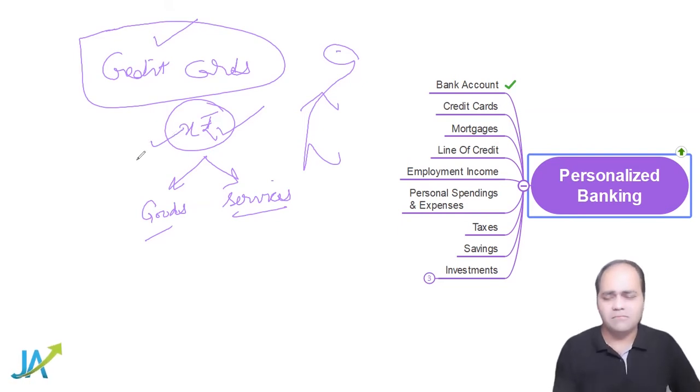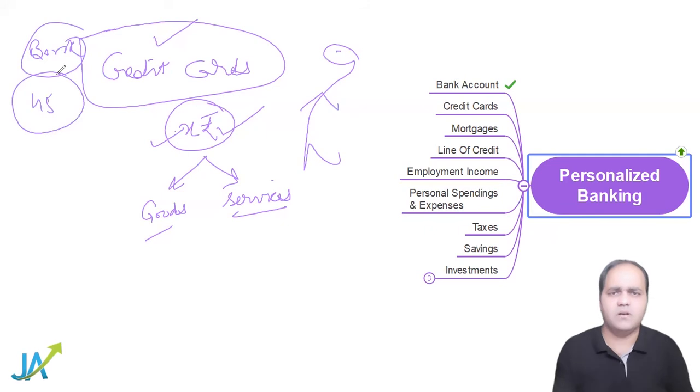In turn, the user is liable to pay whatever amount he has spent before the stipulated time. Banks mention that this period is usually around 45 days, and there are specific calculations by different banks. So within 45 days of your transaction, you have to give the money back to the bank.